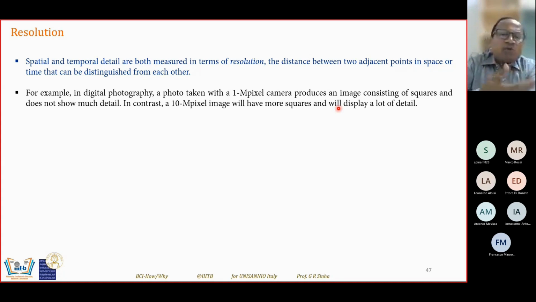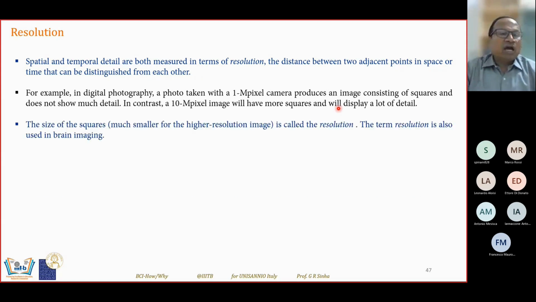So more number of bits are involved to represent one pixel, like 24 bits in a color pixel and 8 bits generally in a black and white pixel. There you'll get better resolution. And the size of squares is much smaller in a higher resolution image.